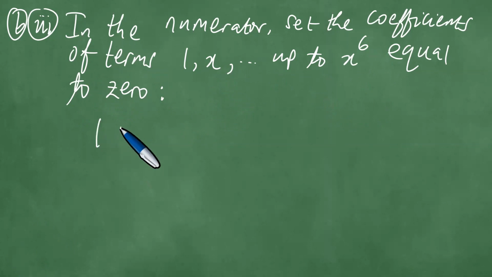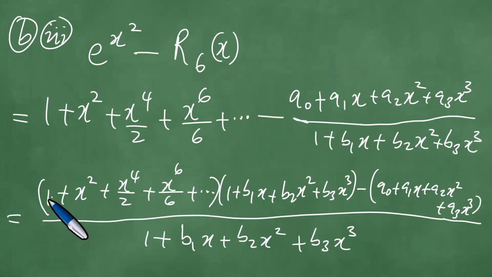So we'd have, therefore, the coefficients of the constant, x to the 0. If you look at the coefficient of x to the naught, what does this become?